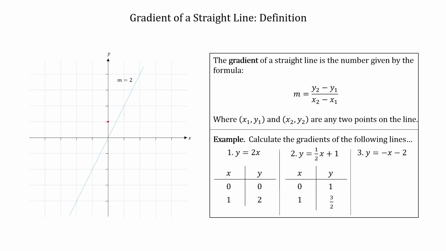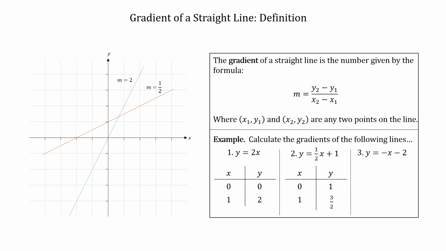So (1, 3/2) is here on the axis, and hence the line looks like this. Once again, I can calculate the gradient by doing 3 over 2 minus 1, which is a half, divided by 1 minus 0, which is 1. So I get m equals a half divided by 1, which is 1/2, of course. So m equals a half for this orange line.